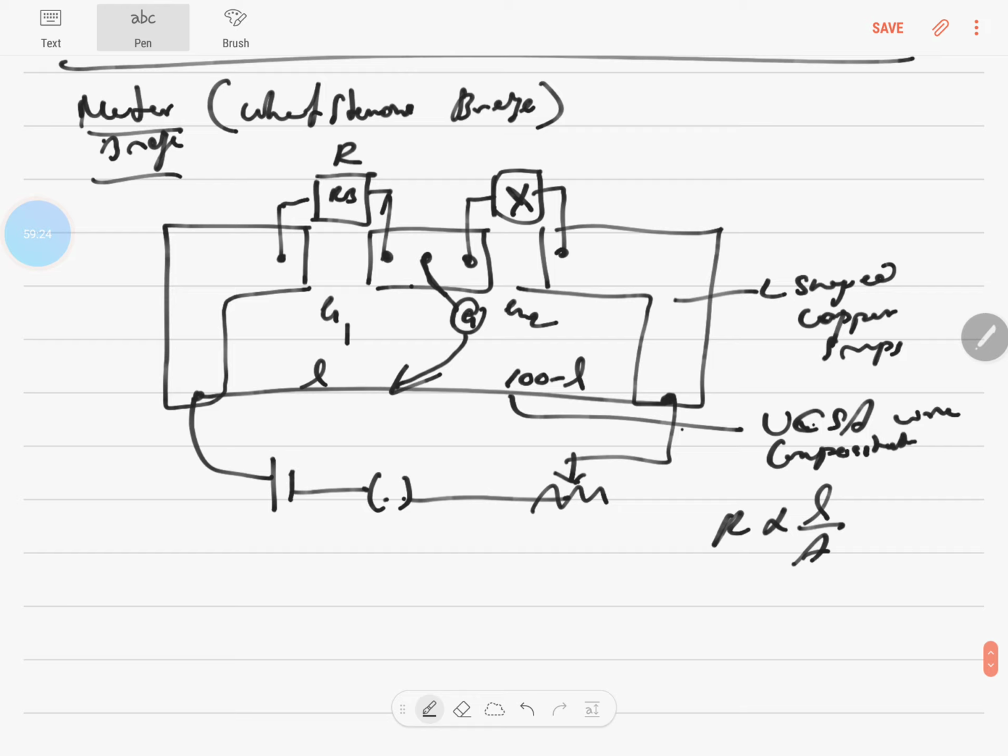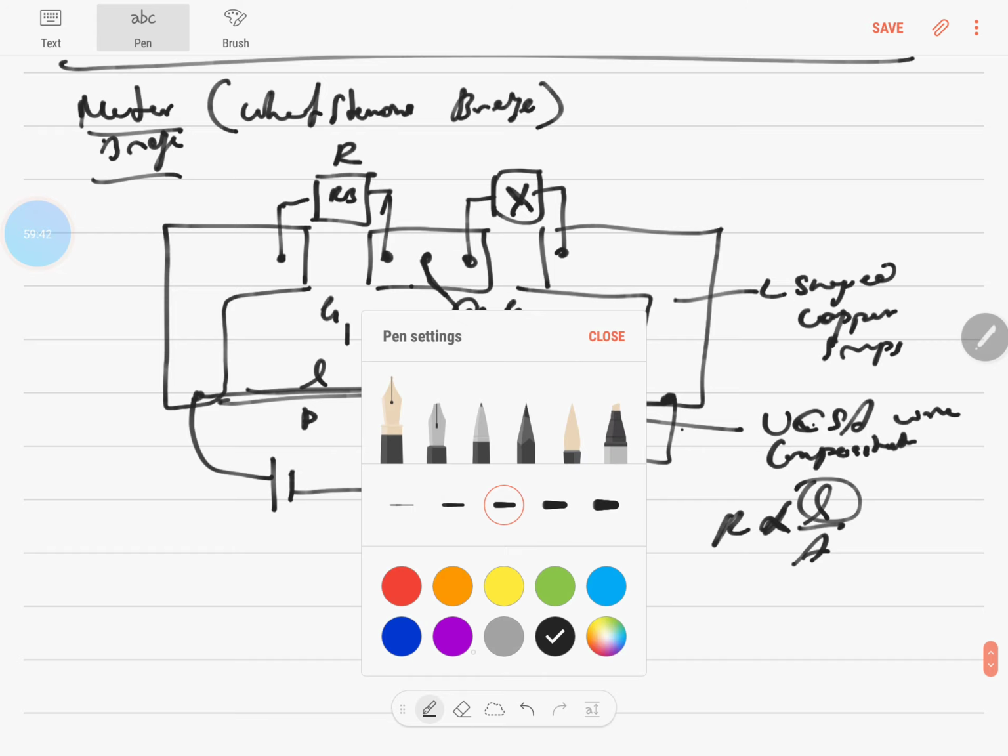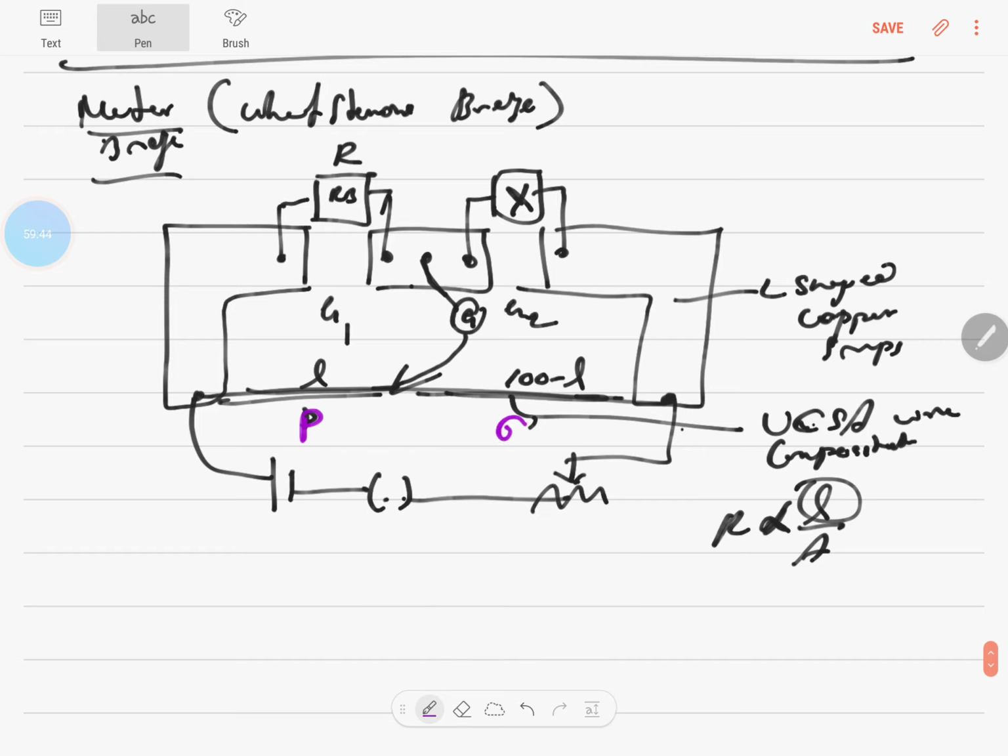So R is proportional to L by A. A is the same throughout, whether it's this side of the wire or that side, so only the length changes. This is like R and X, and P and Q are the resistances of the wire on the left and the right.